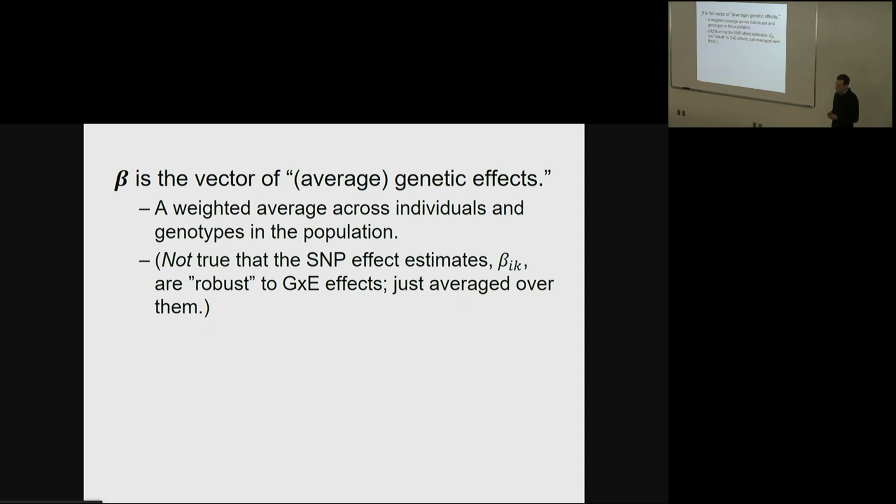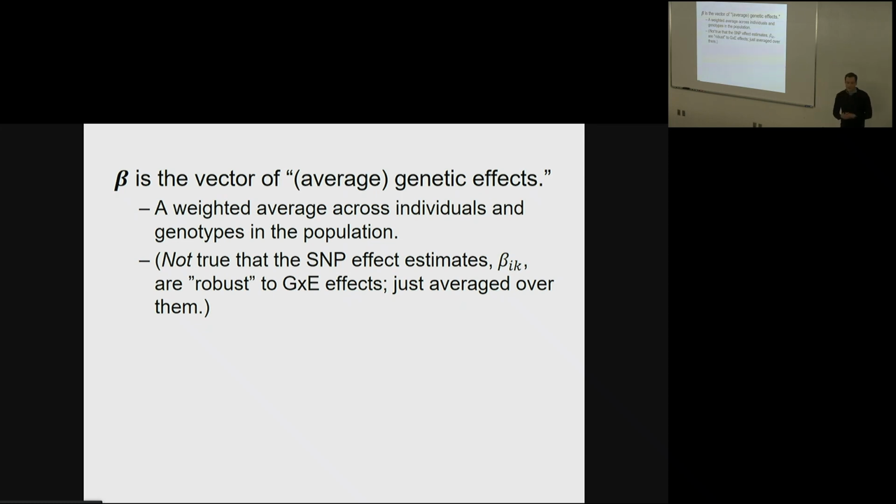Another misconception that you hear a lot is that when you do GWAS and find SNP associations, you're somehow finding the ones that are particularly robust to things like gene-environment interaction, the ones that have robust main effects.